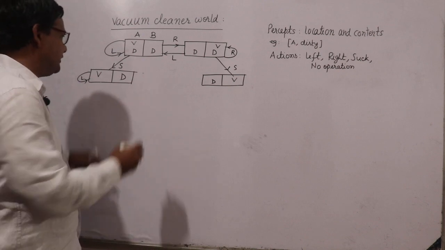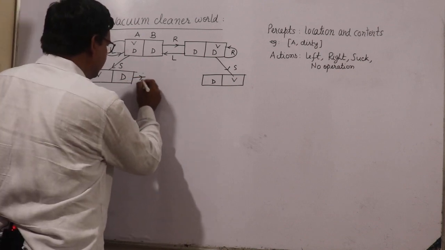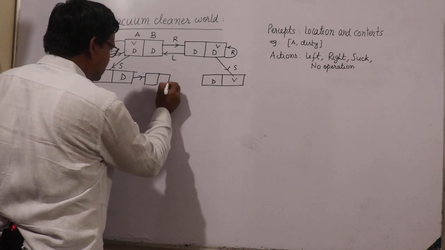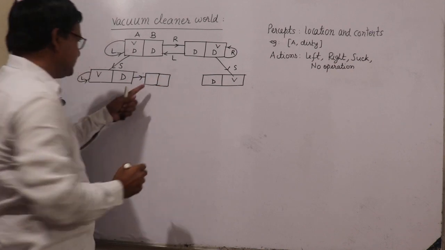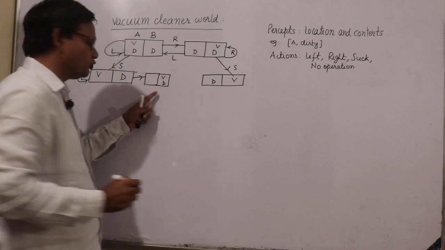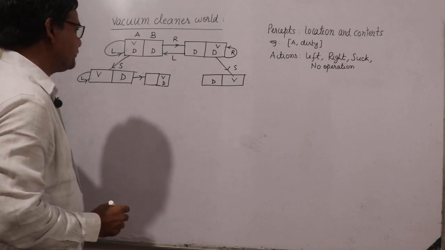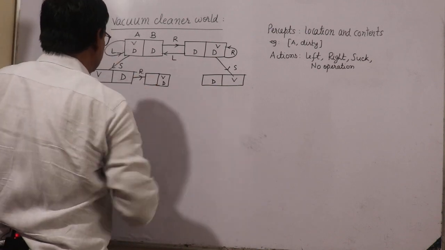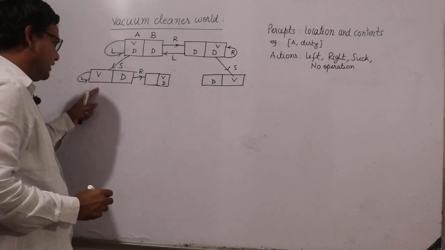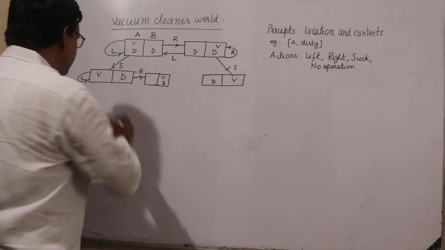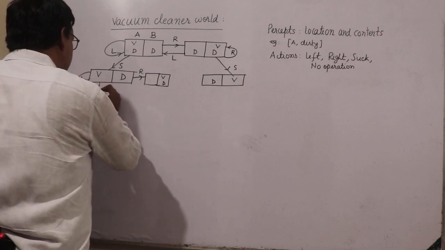If it moves in the right direction, then what will happen? This is the clean room, there is dust in the other, and the vacuum cleaner will also be in this room. This is for the right direction. If here it sucks the dust, no dust is there, so it will be in this room only. It will do nothing.